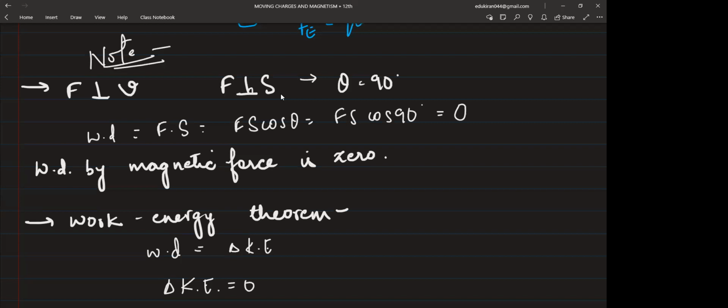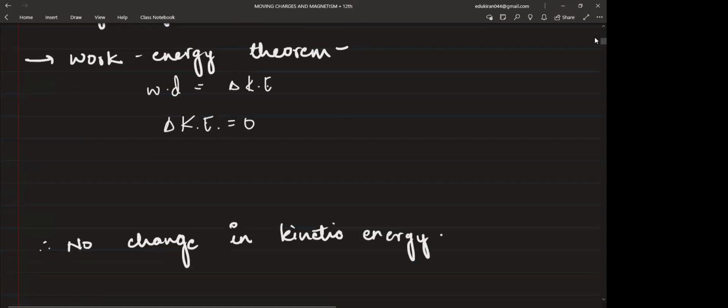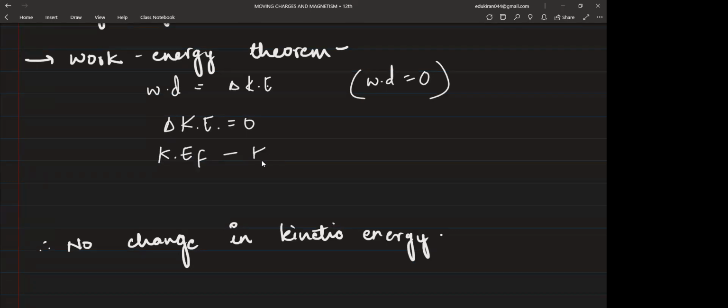Work done is 0. Now, the work energy theorem says that work done is equal to the change in kinetic energy. Work done is 0, so change in kinetic energy is 0. Means kinetic energy final minus kinetic energy initial is equal to 0.